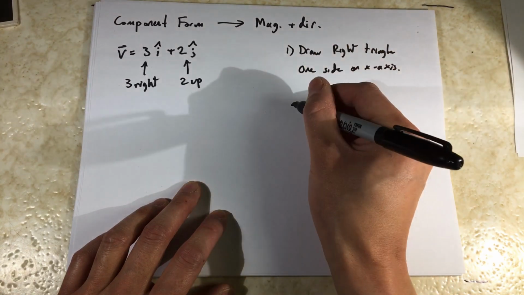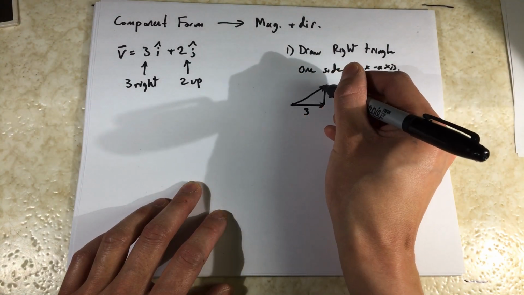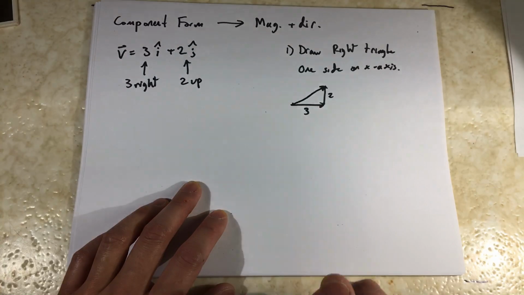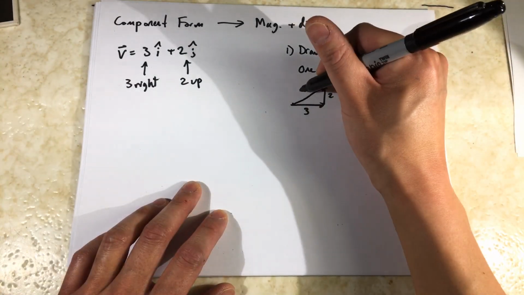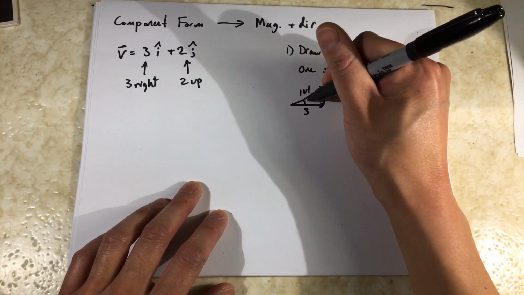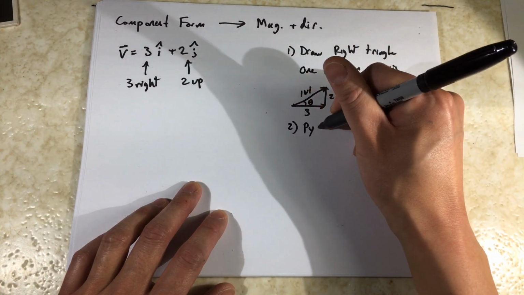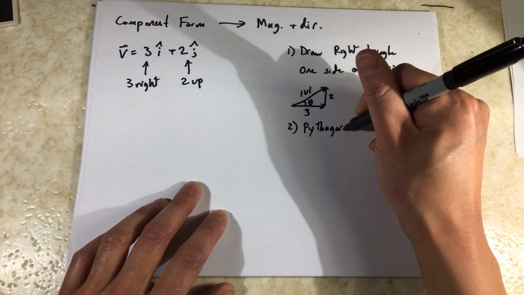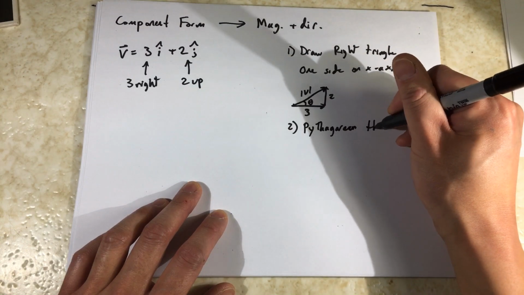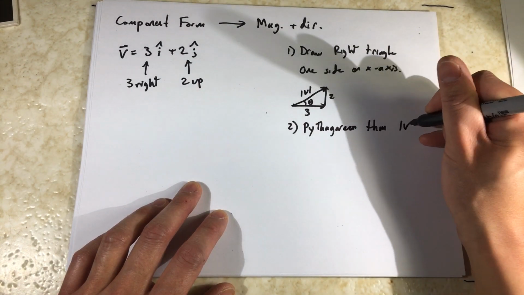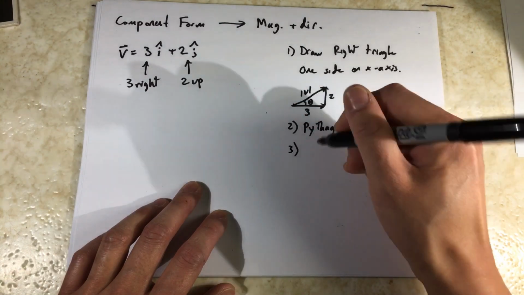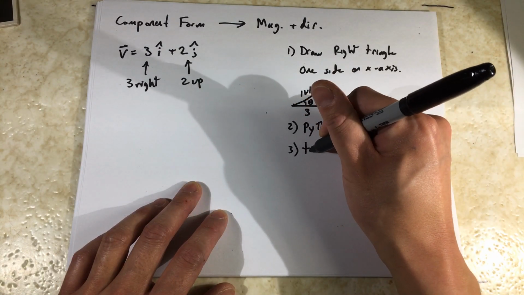And then you would connect this tail to that tip, and that would be your vector. Okay? So you have your magnitude V and your angle theta. And what you would use is the Pythagorean theorem for the magnitude.